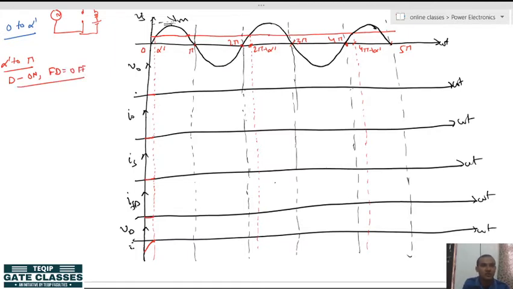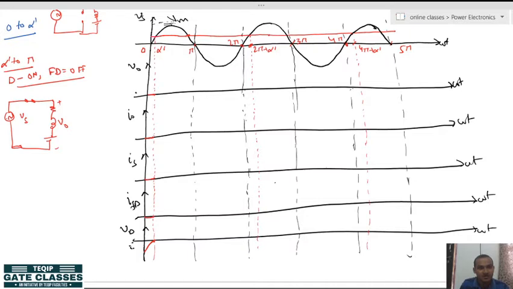So if you draw the modified circuit, it will be like this, which we have studied already in previous lecture. Freewheeling diode is off, so I am not drawing it. So we can see that this load voltage is in parallel with this source voltage, hence output load voltage will follow the source value.